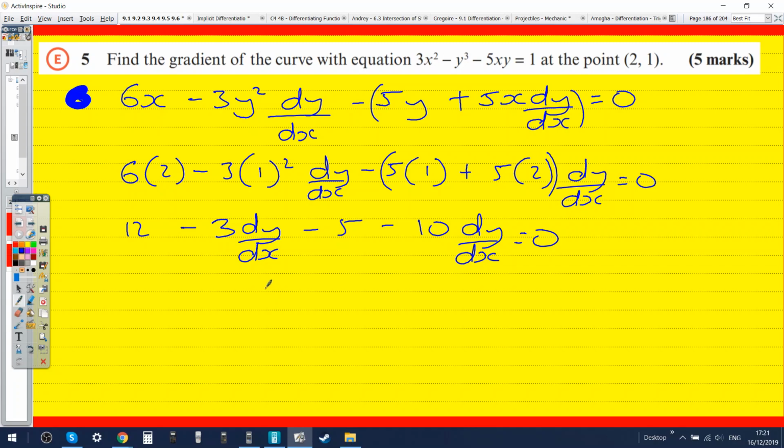So then you have 7 is equal to 13 dy by dx. And so the gradient, dy by dx, is equal to 7 over 13, which is the gradient m.